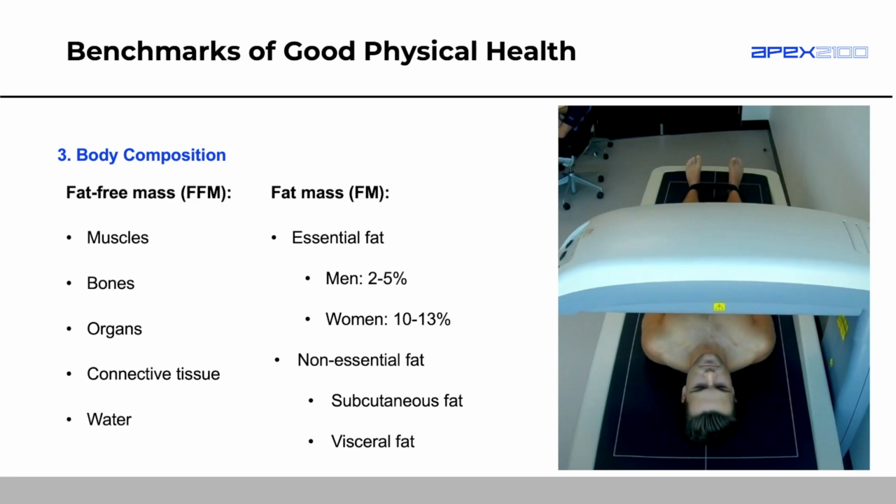Visceral fat is the bad fat. It's the one that you can't really see. So you could have someone who's quite skinny and appears to be very slim, but has quite a high amount of visceral fat, and that's not good for health. So remember, visceral fat is around the organs inside the body, and subcutaneous fat is under the skin, almost like on the outside of the body. It's the fat that you see.